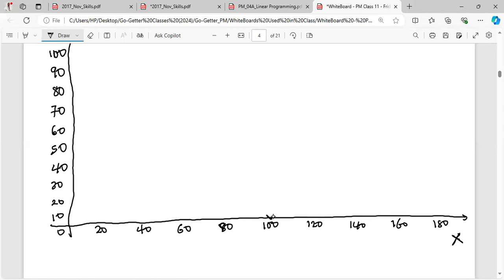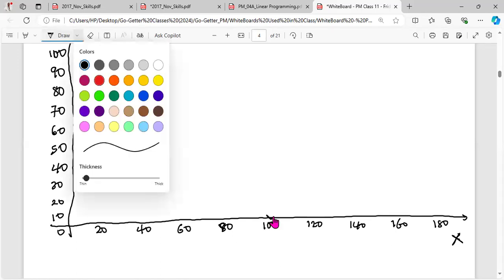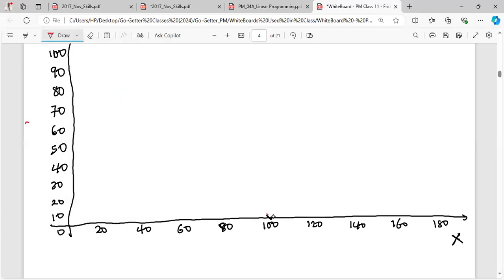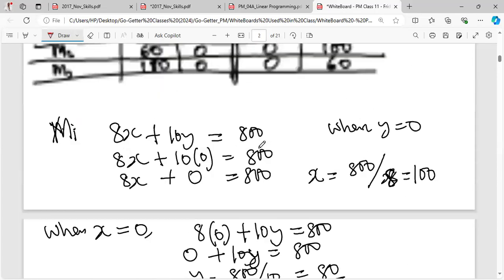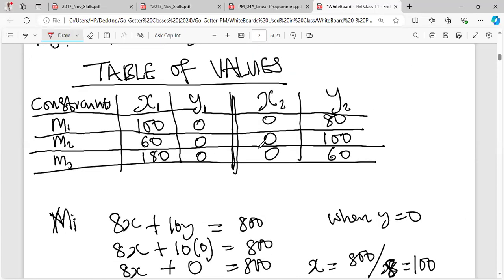Let me use a different color. I'll mark this: when x is 100, y is 0. All right, so we'll go to the next one. We are done with this.